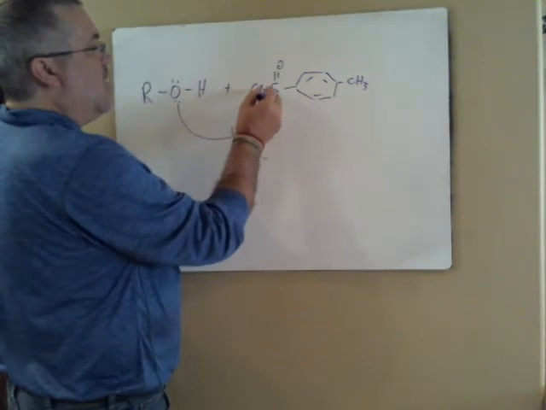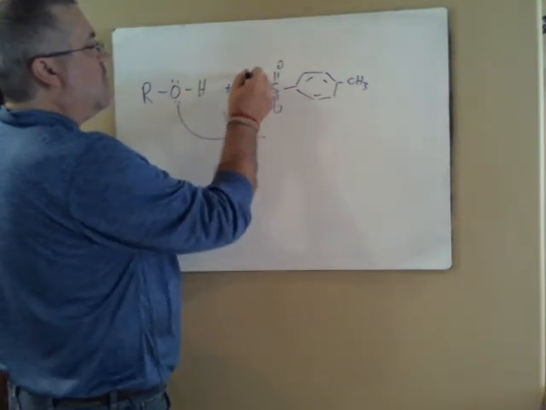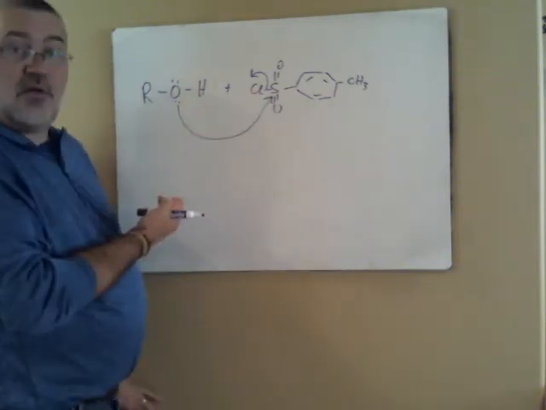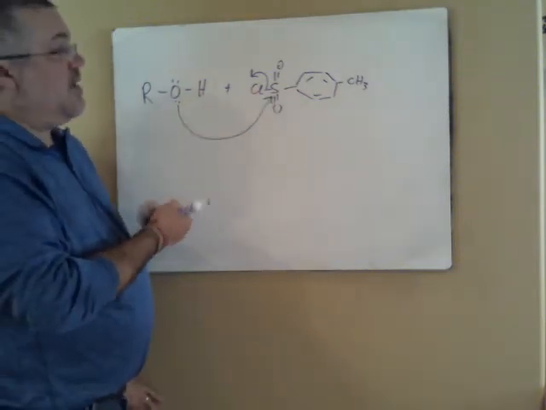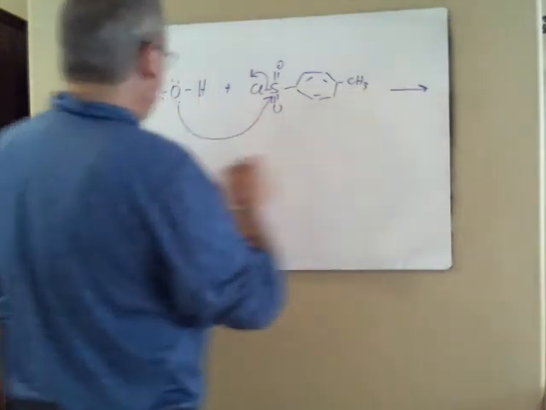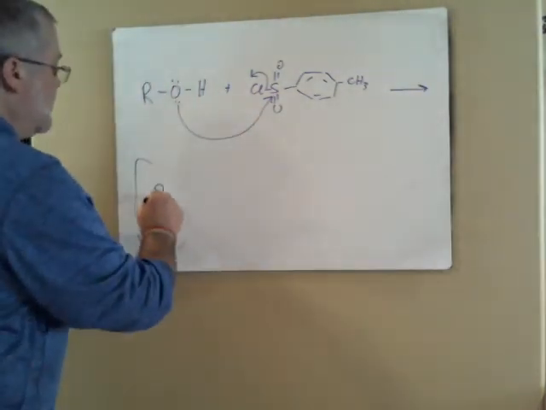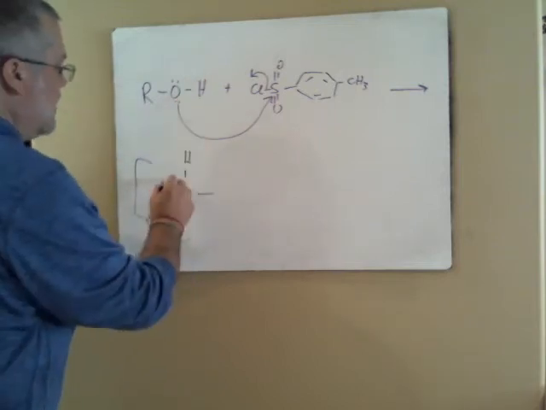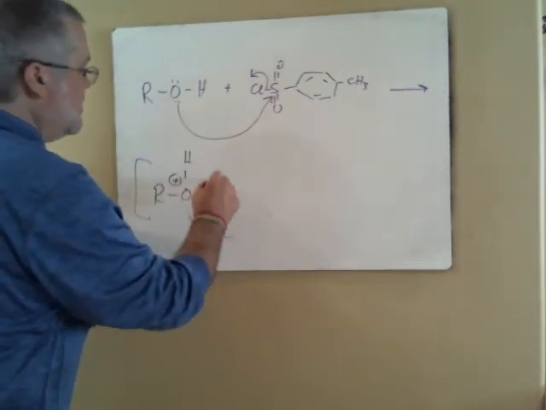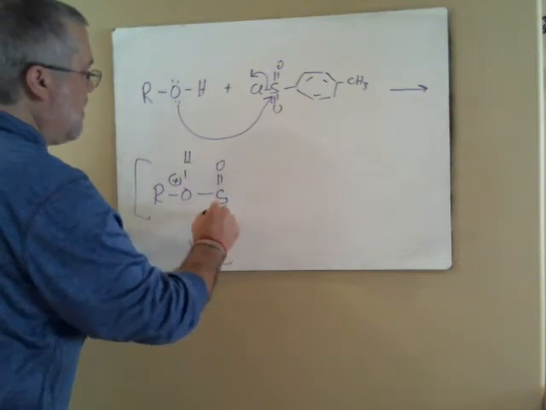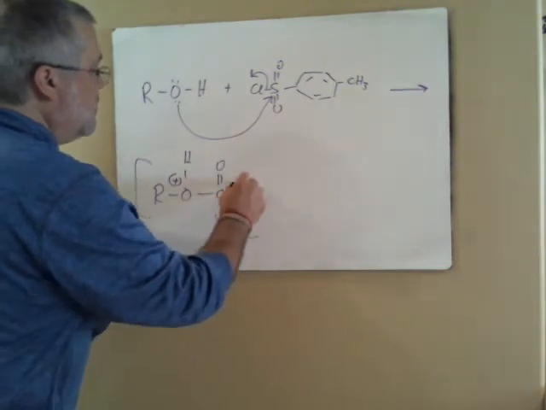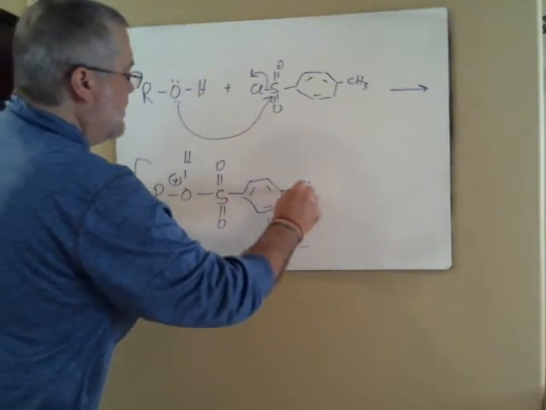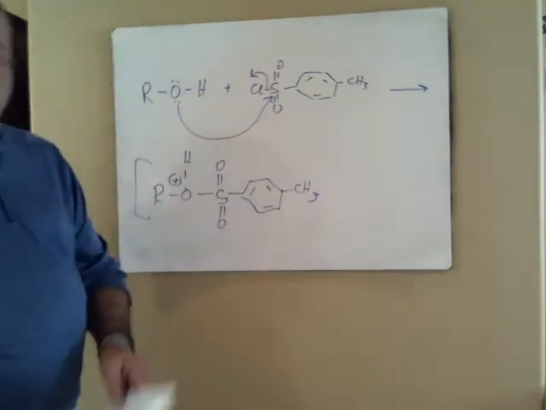When that new bond is formed, we can do a shorthand and say we're going to lose that chlorine as the leaving group. And so the result of that mechanistic step is this intermediate where we still have the H on our oxygen, and so that's going to have a plus charge. It has reacted with the sulfur, which has displaced the chlorine, which leaves this as our intermediate.